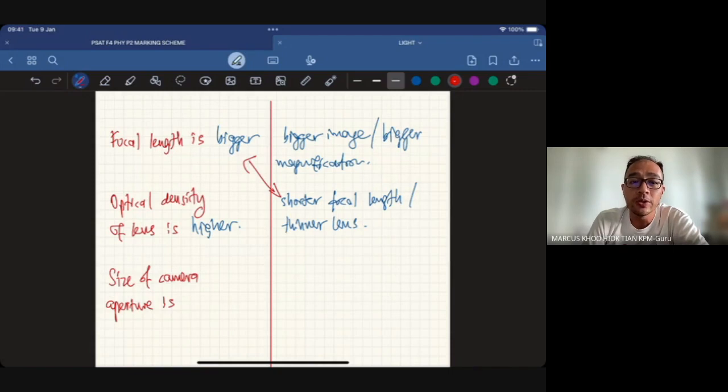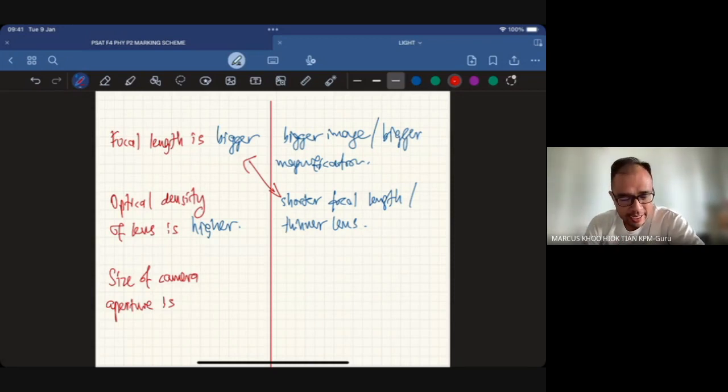Shorter focal length, then you will get a thinner smartphone. So once again, the balance between the two is very important. How do you have a long focal length lens but still not too thick? The thinner lens. Technology these days is quite amazing. We can fit a lot into one small phone. On the other hand, the phones are getting bigger and bigger than when we first started.